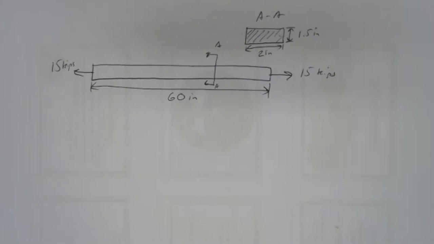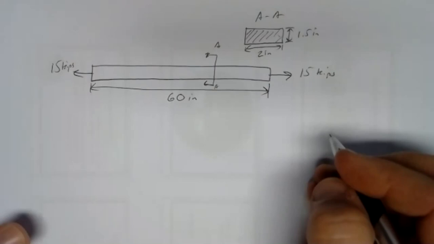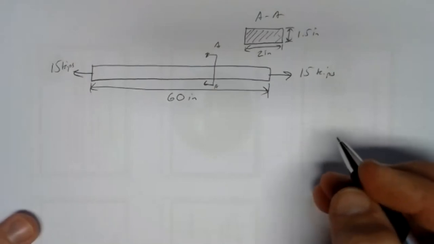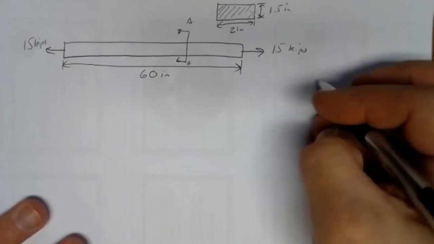So let's take a trip around the loop and see if we can figure out how much extension we're going to get here. The first thing we need to know is how to get from force to stress. And we only have essentially 3 equations that we need to work with for any of these problems. It's just modifications of 3 equations.